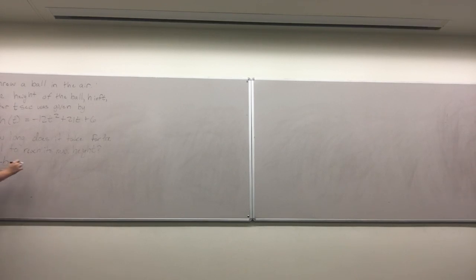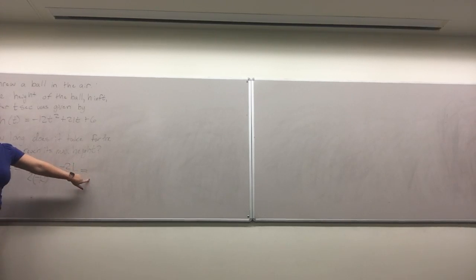Negative 21 over 2 times negative 12. 2 times negative 12 is negative 24, so negative negative 21 over negative 24, which we can simplify. 21 and 24 both have a 3, and they're both negative, so that means positive.